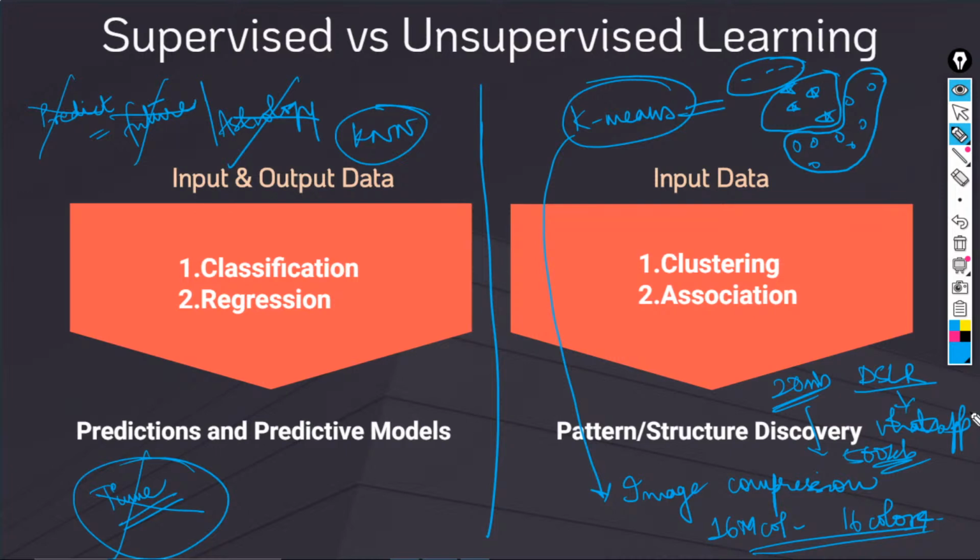Now, guys, how does this happen? This happens because of a process called clustering. Clustering is K-means. K-means is unsupervised. KNN is supervised. KNN is classification. K-means is clustering. So I want you to remember these differences, because they're very important for us to bridge the gap.